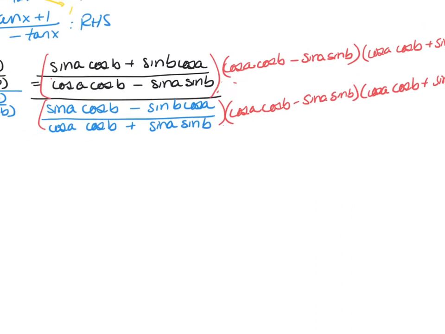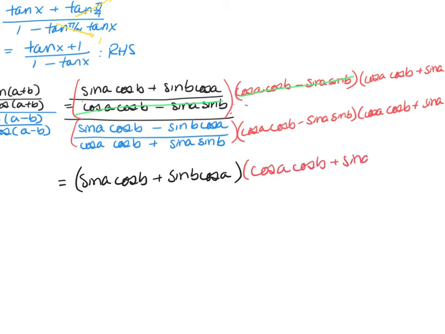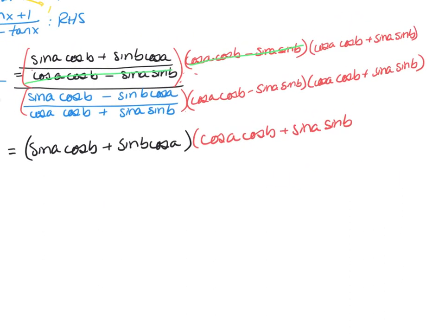Now, what's going to happen is that when I do this multiplication, this one will cancel with this one. In my numerator, I'm going to be left with the sine A cosine B plus the sine B cosine A, multiplied by the remaining part, which is the cosine A cosine B plus the sine A sine B. Okay, cool.